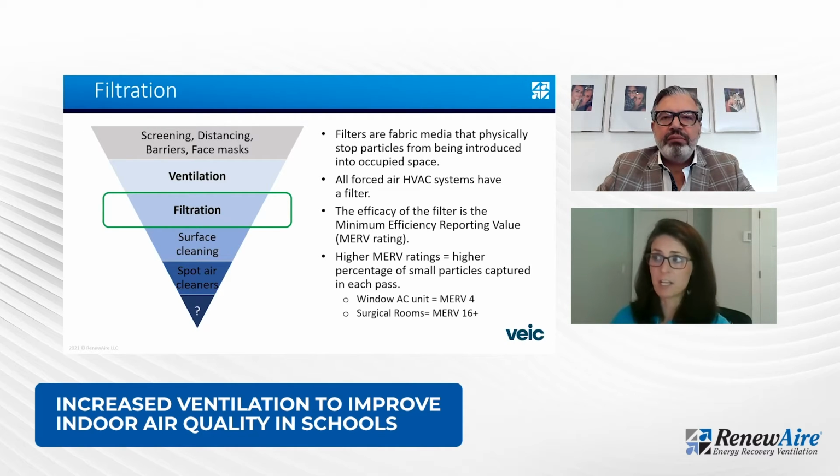Just as an example, your window AC unit has a little removable washable filter. That's probably like a MERV 4. If you are thinking about a filter in an HVAC unit that's serving an operating room or an area where surgery is taking place in a medical facility, that's where you're going to see your MERV 16s and higher.